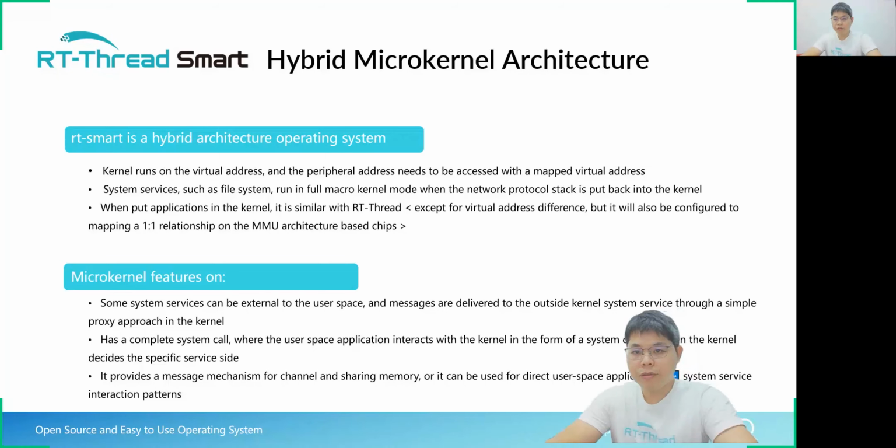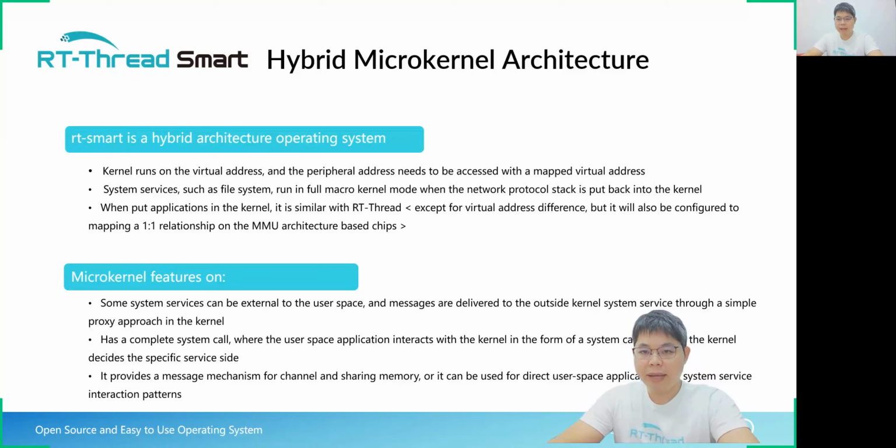As you know, RT-Thread Smart is a micro-kernel operating system, but it should be said that it's a hybrid micro-kernel architecture. The kernel runs on the virtual address, and the peripheral address needs to be accessed with a mapped virtual address.